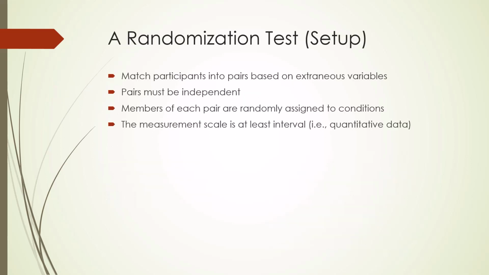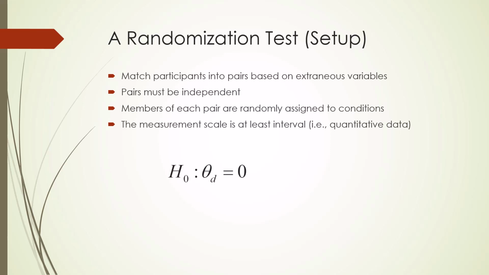Here's the setup. We match participants into pairs based on extraneous variables. The pairs must be independent of each other. The members of each pair are randomly assigned to conditions, and the measurement scale is at least interval. That is, we're working with quantitative data. That allows us to take the difference between the score we observe with the person in the treatment condition and the score we observe with the person in the control condition.